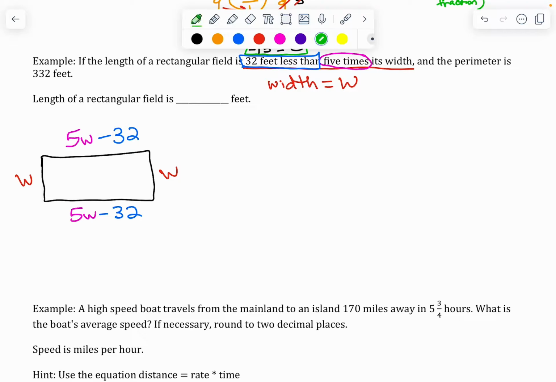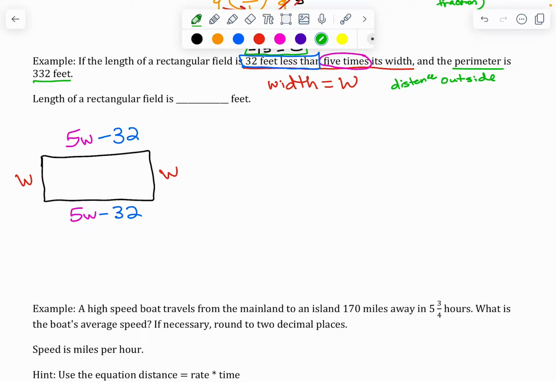And then it tells us that the perimeter is 332 feet. Now, perimeter means the outside, or the distance outside of the figure.